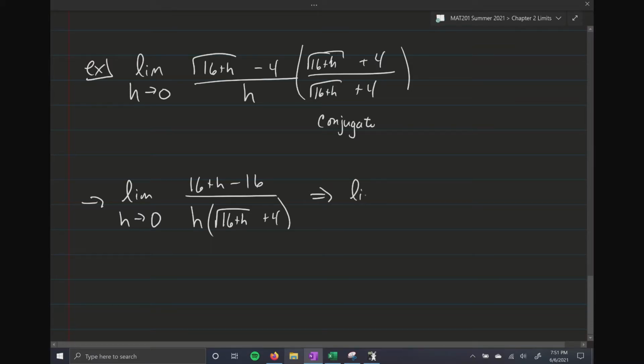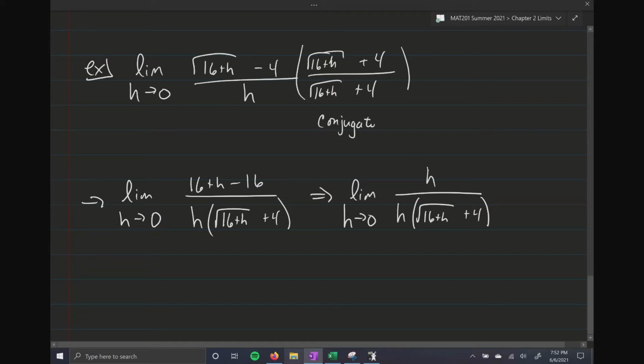Notice in my numerator, I can simplify: 16 minus 16 is gone, and that just gives me h. And hopefully now you can see why I left my denominator completely factored. It's because now the h's reduce.